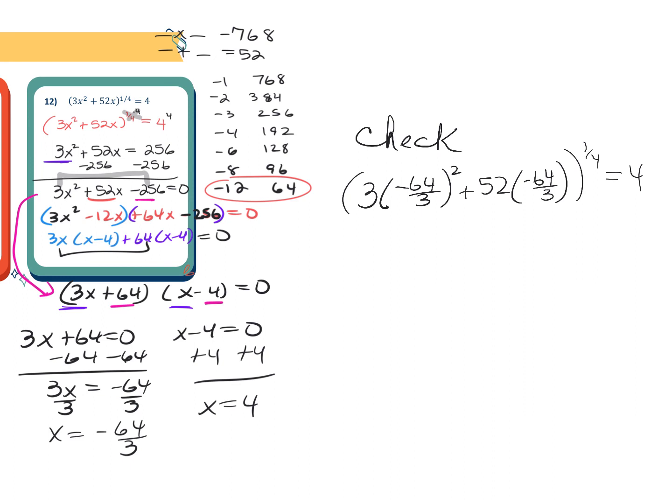So I'm going to go ahead and square this 64 over 3, and I get 4,096 over 9 times 3.